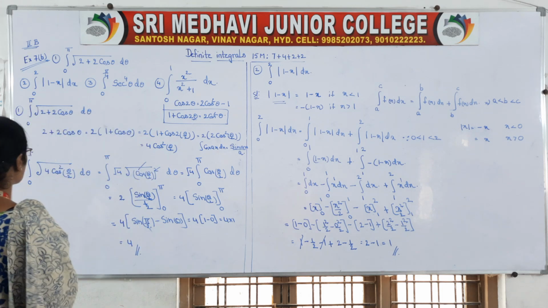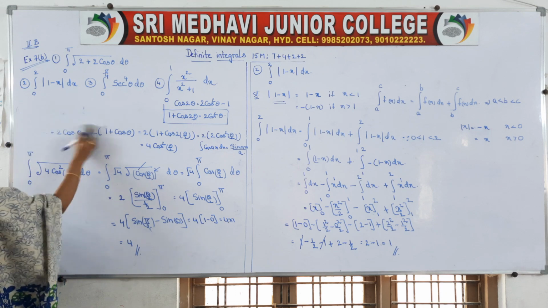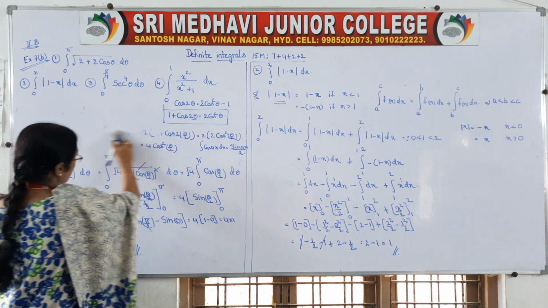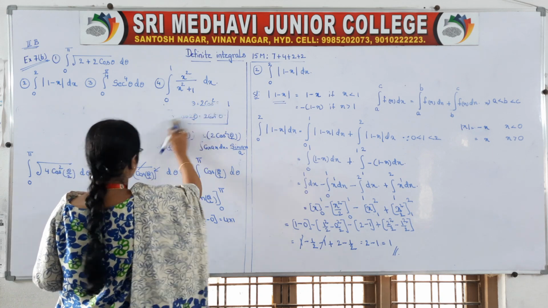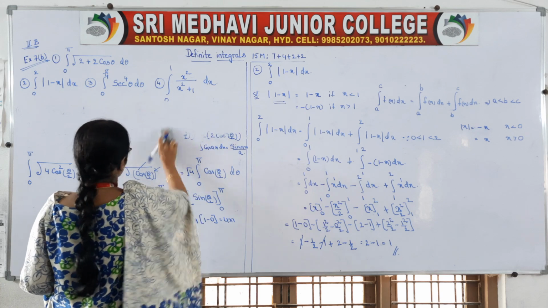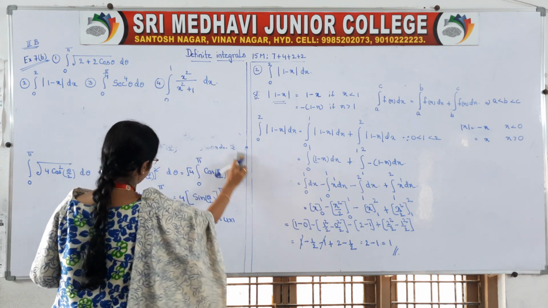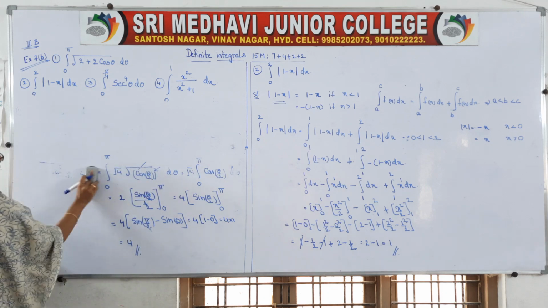Okay, so now come to the third problem. What is your third problem? Observe carefully. It is integral 0 to pi by 4 sine to the power of 4 theta d theta. So how can we take this value?